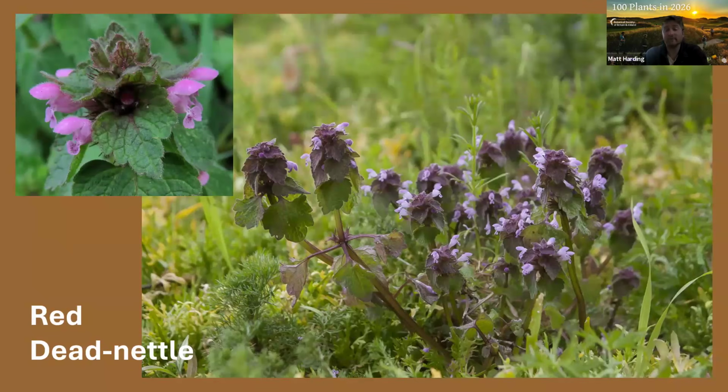So flowers were named red because pink as a colour didn't exist. And pink was only coined as a colour name based on a group of plants called the pinks. And pinking was the word that actually meant to decorate with a little pattern, like pinking shears in modern use. So we don't have a pink dead nettle, we have a red dead nettle, and you'll find that happens again and again.